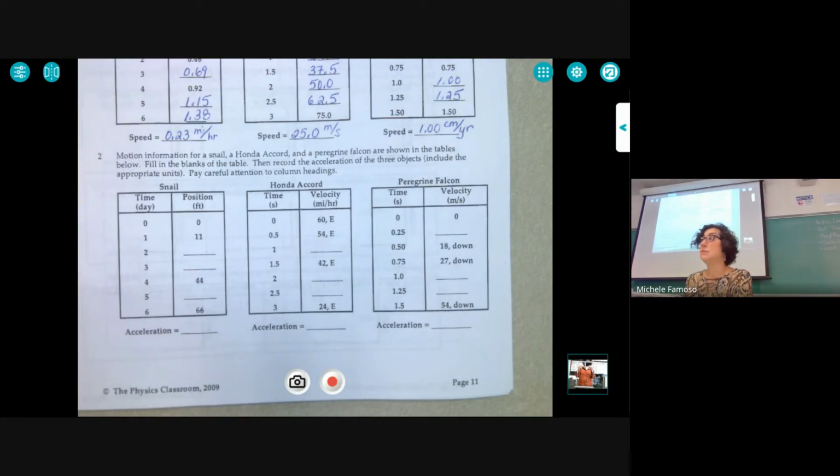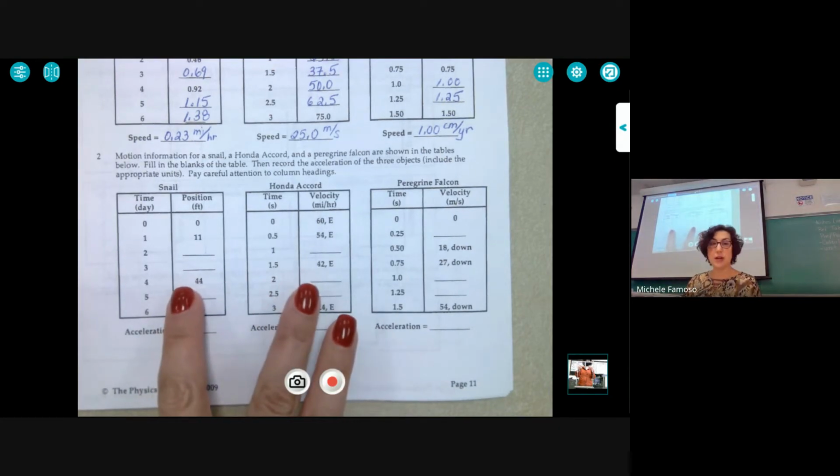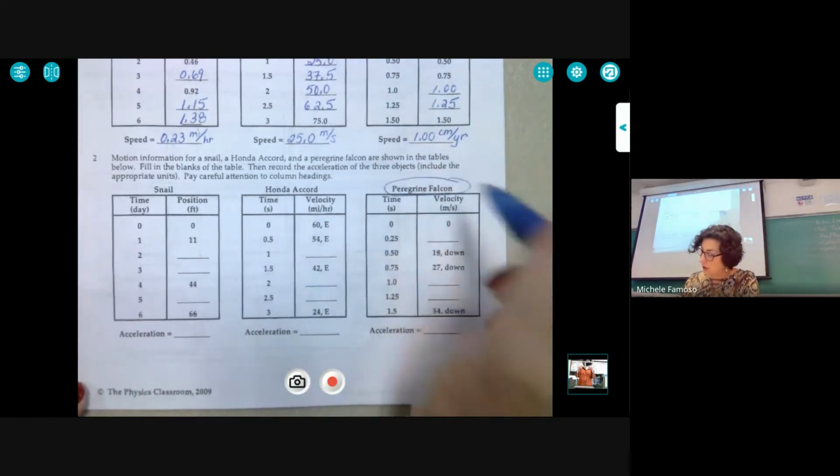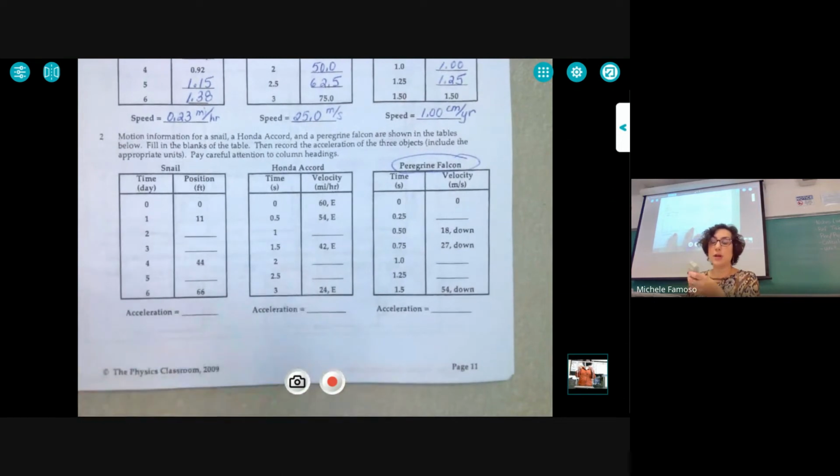You want to just do it? Okay, I'll just freeze the screen. Just do it. I want you to do these two right here, the snail and the Honda Accord. This one you're going to do for homework, but these two we're going to check them in a minute. Let me just let you do it, and then we'll check it over.